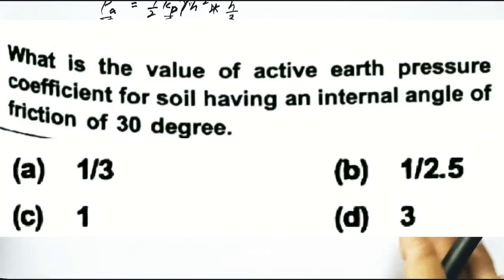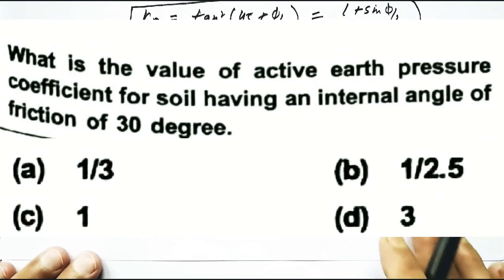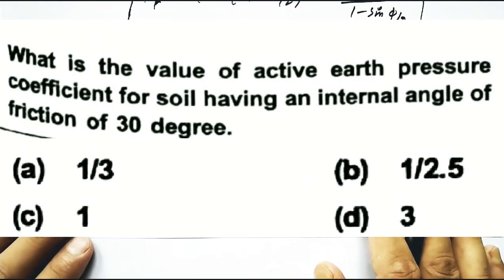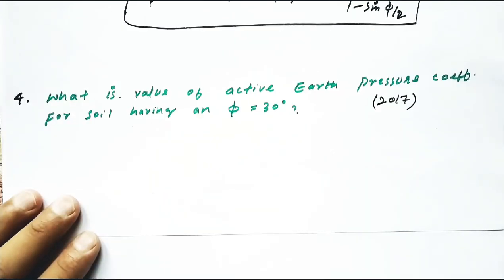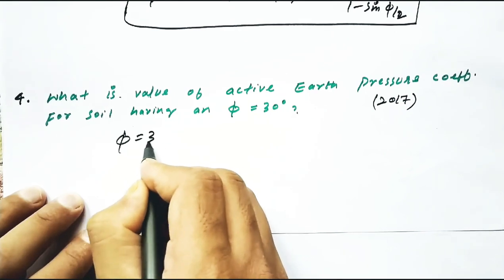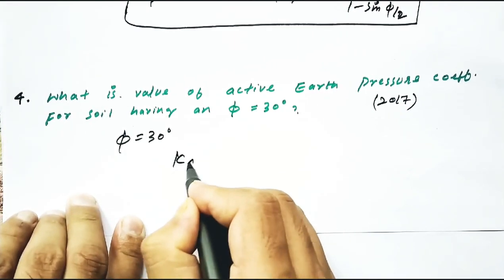So now the next question is, what is the value of active earth pressure coefficient for soil having angle of internal friction phi equal to 30 degree? So according to the question, phi is 30 degree. Now we have to find coefficient of active earth pressure, Ka, right?